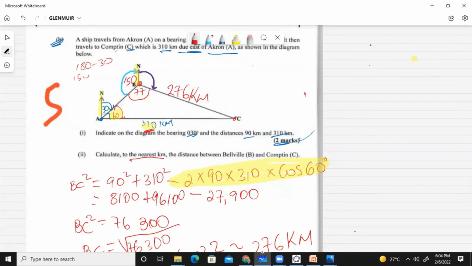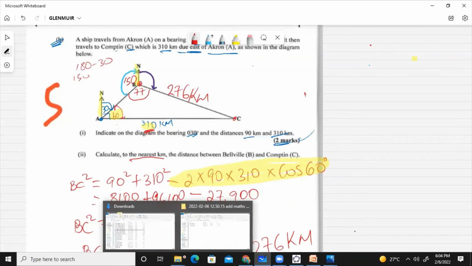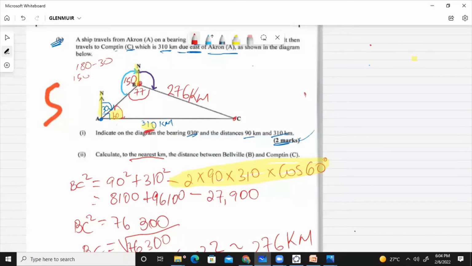Whenever you're solving bearing, all you have to do is relax, label your thing, think. Right now I'm not going to employ any form of trigs because I'm seeing an angle at a point is always 360 degrees. If I can add my 150 plus the 77 and subtract it from 360, I will definitely be left with the bearing.